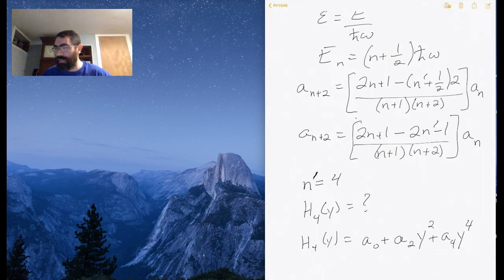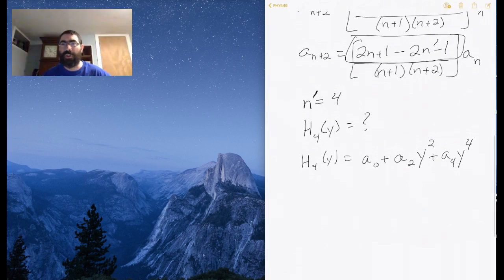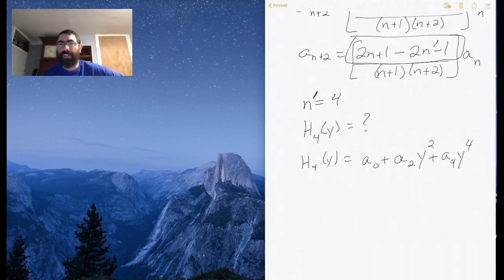So this cutoff in this numerator right up here sets how far we're going to go in the recursion formula. So basically then we're just going to set a value of a sub 0, and then from there we can get a coefficient a sub 2, and then from that we can get a coefficient a sub 4 and then stop.